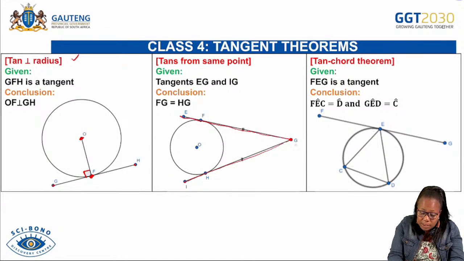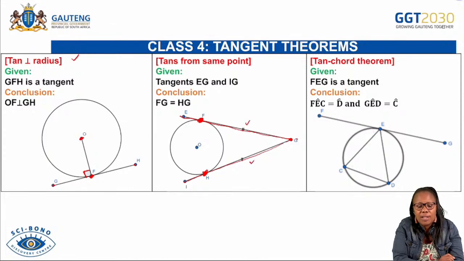Now the point of contact is H on one, and the point of contact is F there. So this tangent will be equal from F to G, from the point of contact, Grade 12, be careful, and then from H to G there. They are equal, as you can see from the indication that they are equal. Okay, and then from only the point of contact.